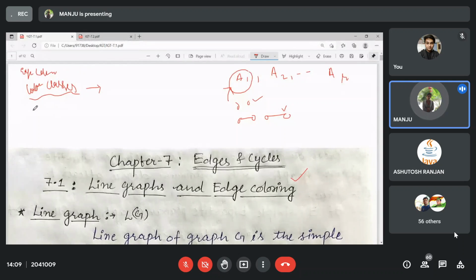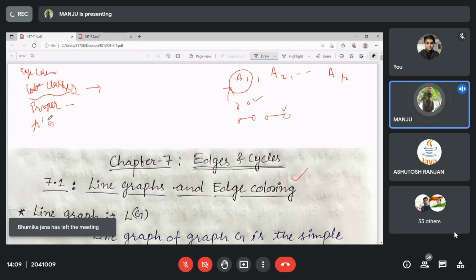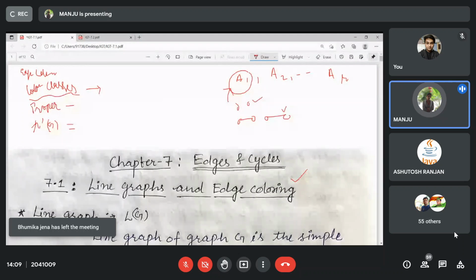What else did we do? Proper edge coloring, same thing. K edge colorable, same thing. Chromatic index, or you can just say edge chromatic number, denoted by chi dash. This again is the same thing. Can you define it?